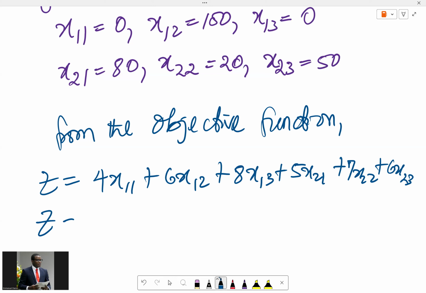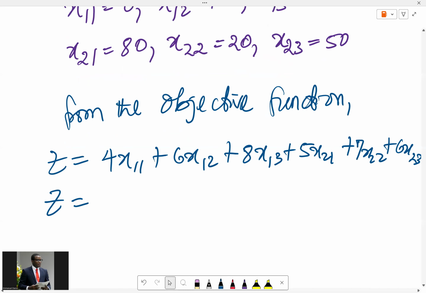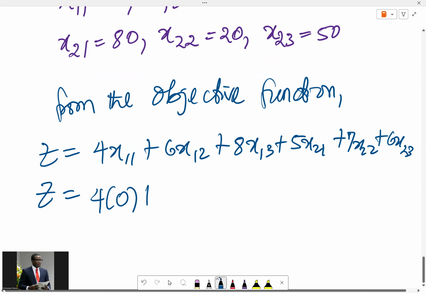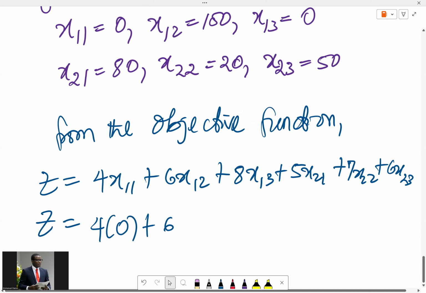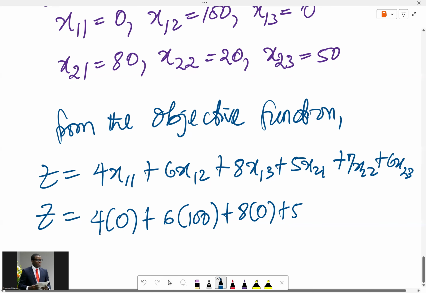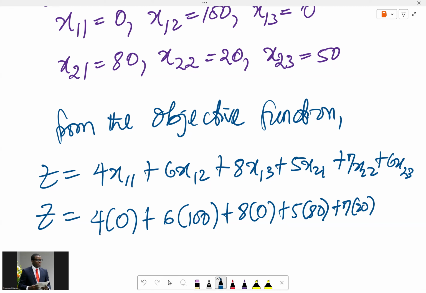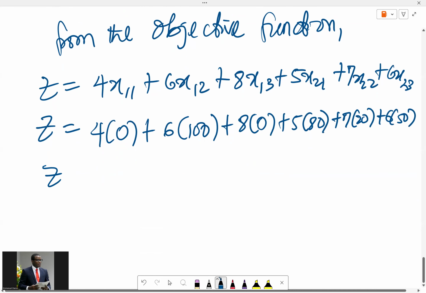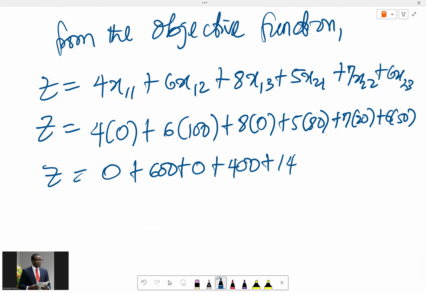So, we have z now to be 4 times 0 plus 6 times 100 plus 8 times 0 again plus 5 times 80 plus 7 times 20 plus 6 times 50. Okay, so that z is 0 plus 600 plus 0 plus 400 plus 140 plus 300.